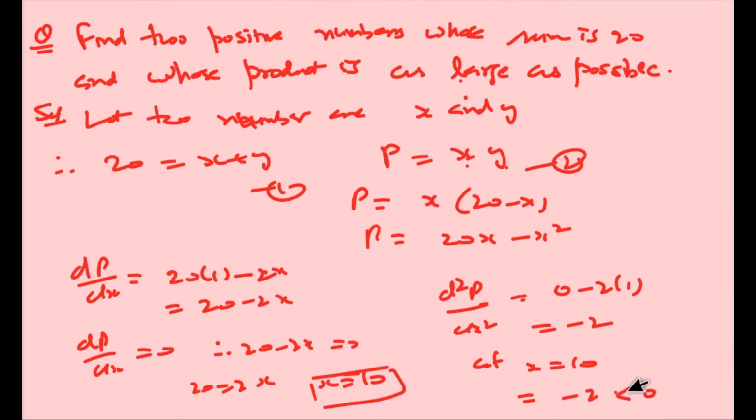When it is negative, we can say at x = 10, our function P is maximum.